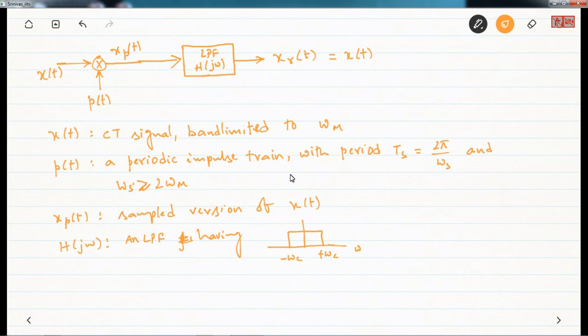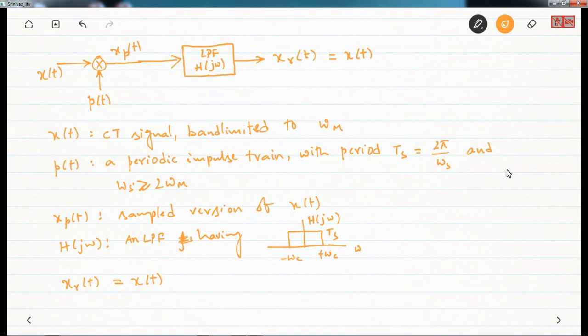That's it. So this is h of j omega, and its amplitude should be equivalent to Ts. Then xr of t is equivalent to x of t. So this is what we did till now. This we will write as a theorem.